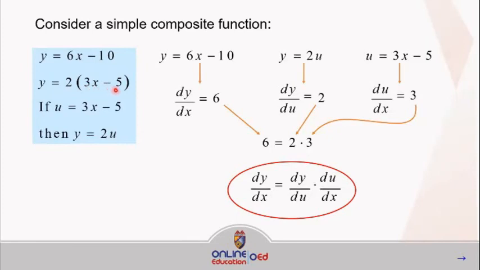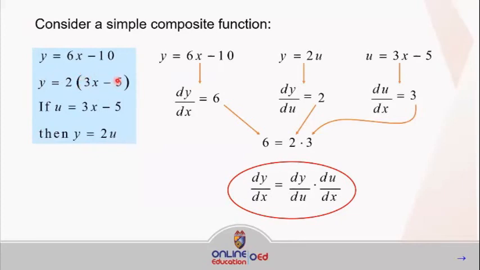If we use u as the value of 3x minus 5, yung y natin can be written as 2u, kasi ito yung nireplace natin by u.